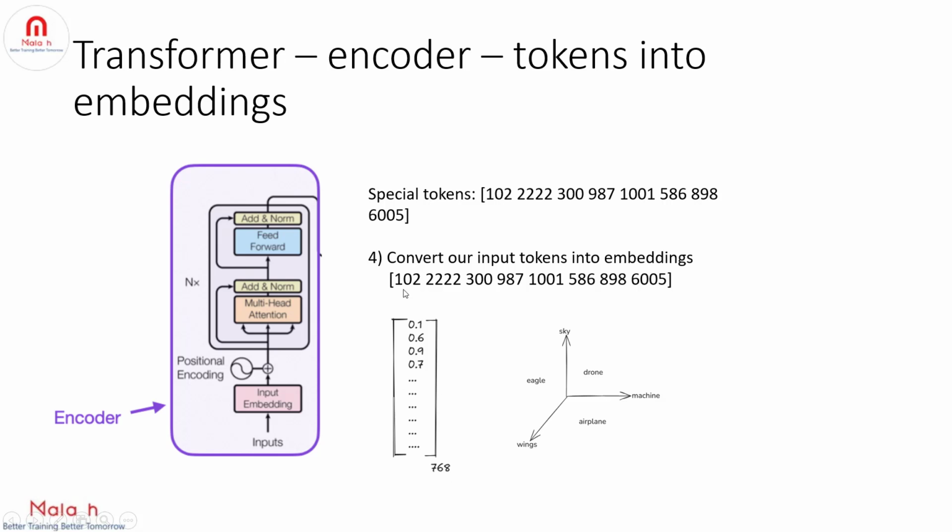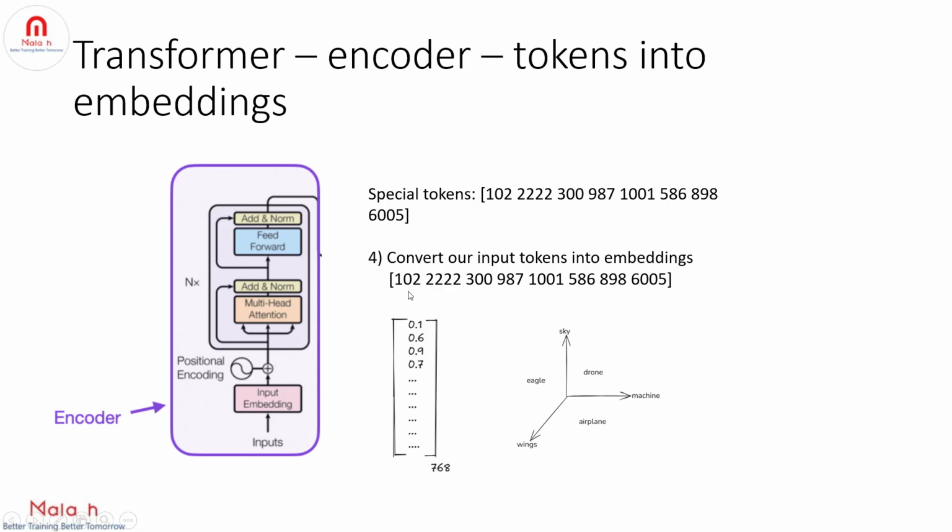So 102 will have 768 dimensional embeddings and 2222 will have 768 embeddings. Similarly 300, 987 and all the way to 6005. Each one will be represented as a 768 dimensional embedding.